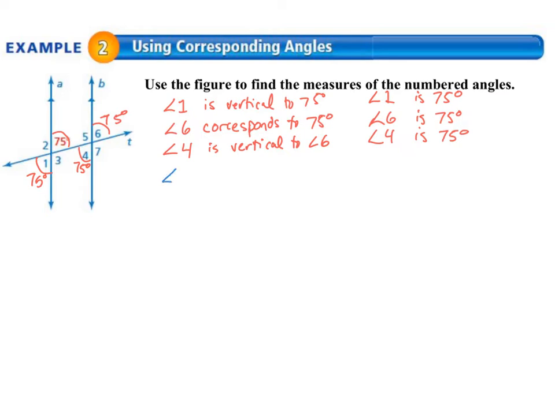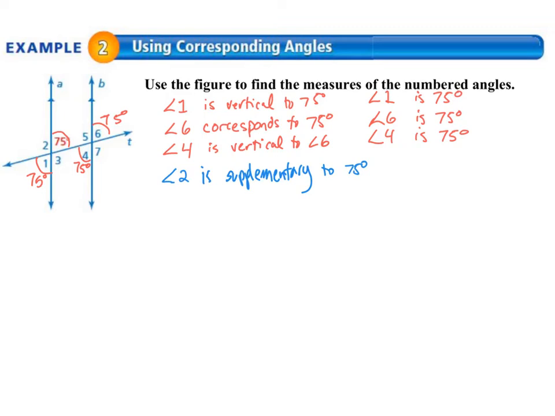So I can see that angle 2 is supplementary to the 75 degree angle. And we know supplementary means adds up to 180.